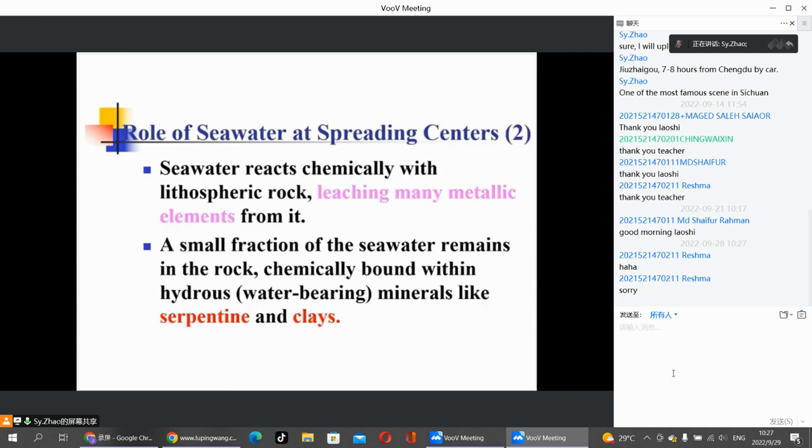The seawater reacts chemically with lithospheric rock, leaching many elements from it, and a small fraction of the seawater remains in the rock, chemically bound within hydrous minerals like serpentine and clays.